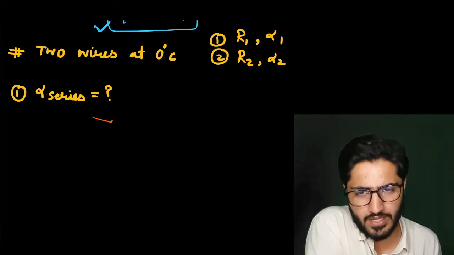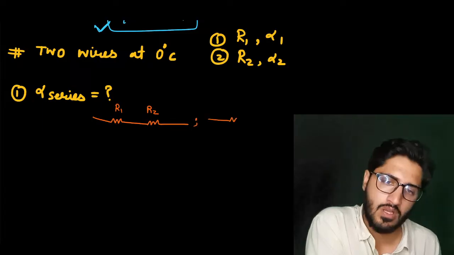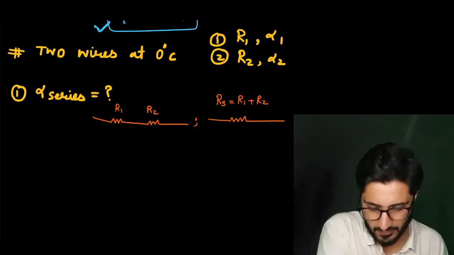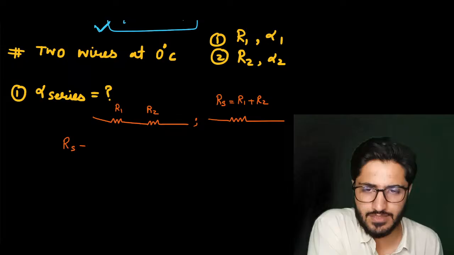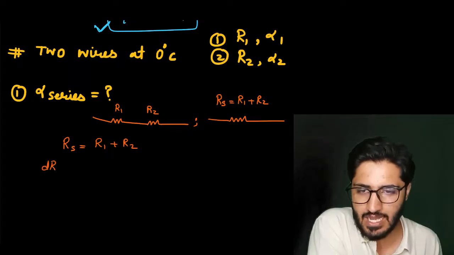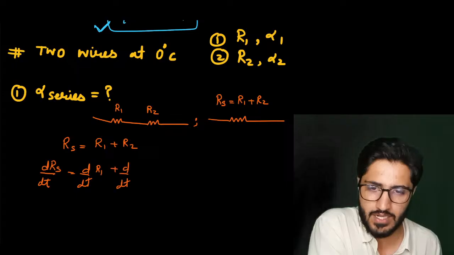If this is my first wire and second wire, with resistances R1 and R2, what will be the series resistance? It will be R1 plus R2. So R in series is R1 plus R2. Now differentiate both sides with temperature. So dRs by dt equals d by dt of R1 plus d by dt of R2.